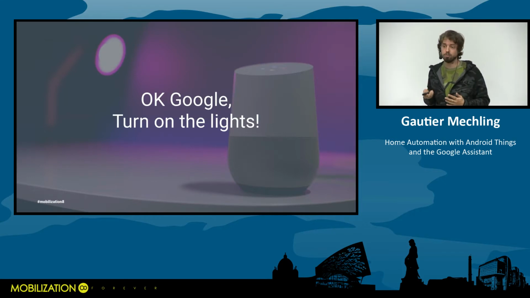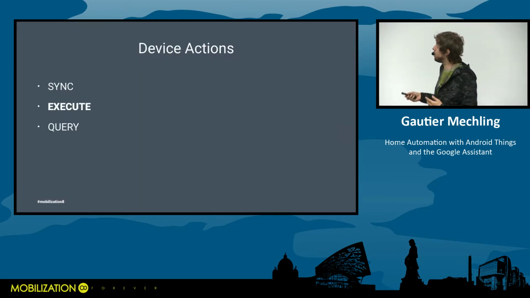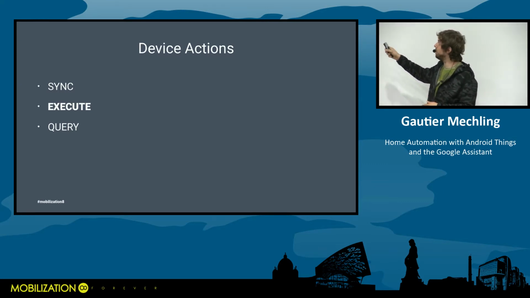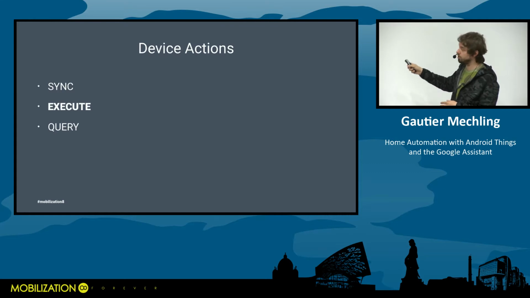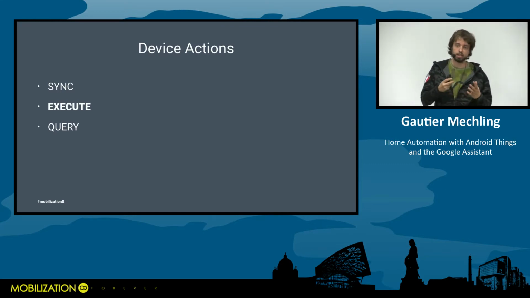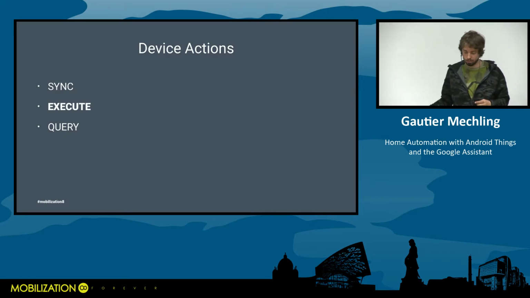So if you say, "OK Google, turn on the lights," Actions on Google this time will send an execute action, because turning on the light is a specific action to execute. The first one, remember, was to know that you have some devices in your home. When you receive an execute action, it means that Google Assistant wants you to execute a specific action on your local devices in your home.